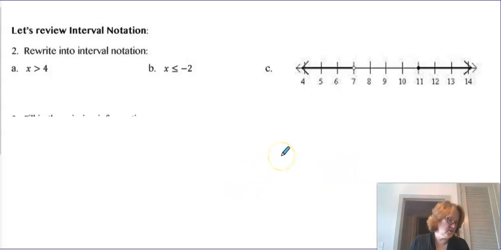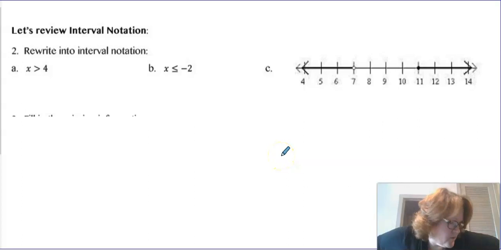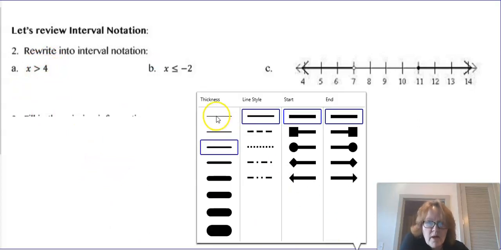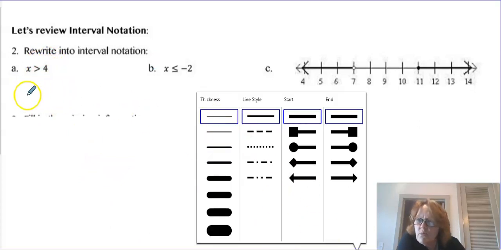So interval notation. Interval notation is that thing where we use parentheses and brackets to talk about what part of a graph is included in the graph and what part is not included in the graph. So 2a, if I'm looking at x is greater than 4, well, let's draw a number line just really quickly.